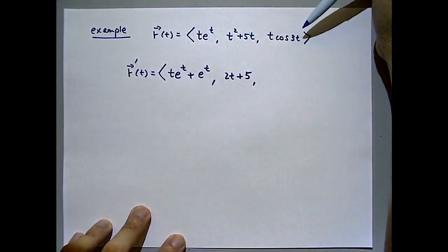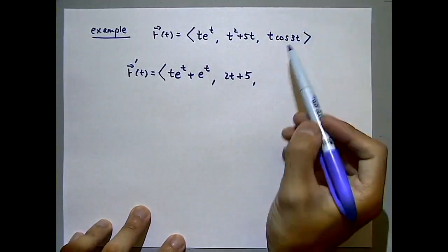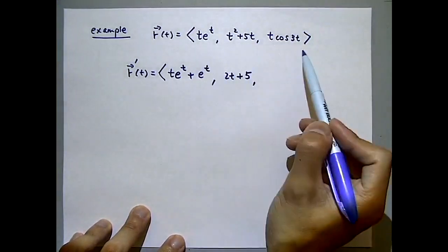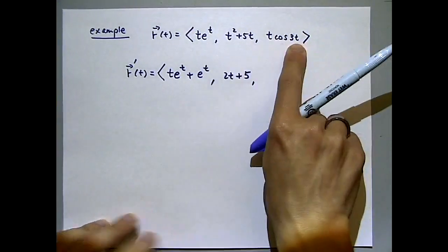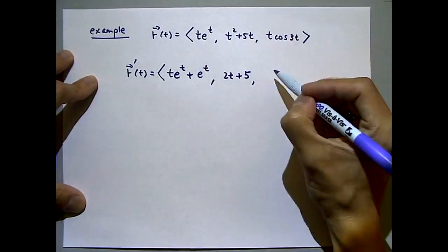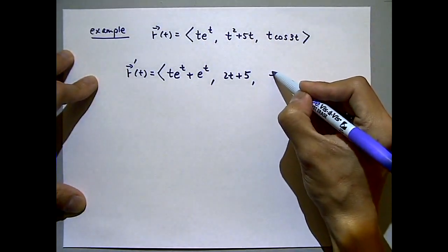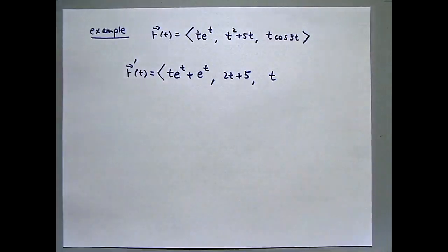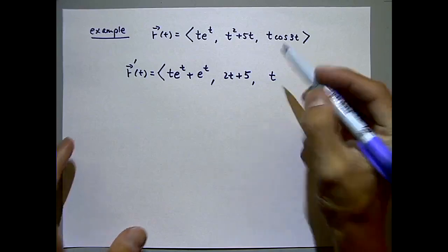And here, product rule one more time. It's the same situation as the x component. The second function becomes a cosine instead of e to the t. So first, this is the first times the derivative of cosine of 3t. What do we get? Negative 3 sine 3t, right?